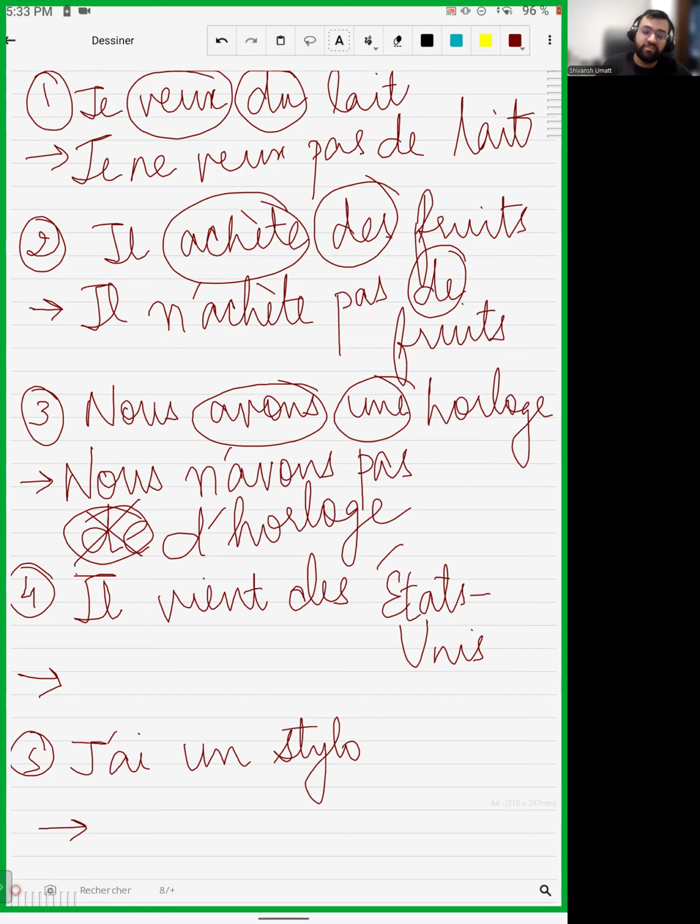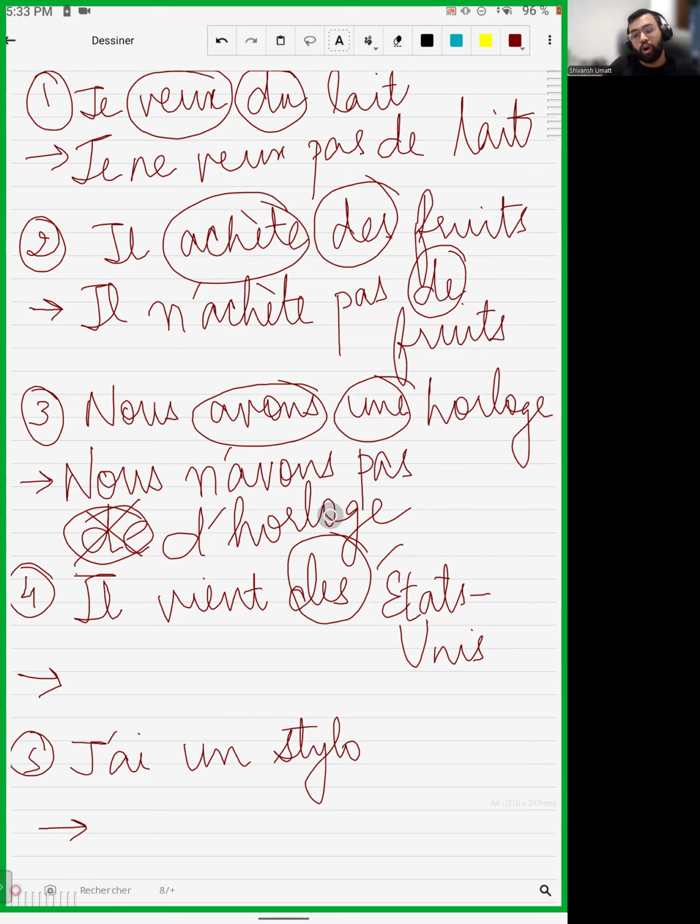Fourth example, il vient des États-Unis. Now, if you think that in this sentence, des will become de, you are wrong. Why are you wrong? Because here in the sentence, we are not dealing with a quantity, right? Here, des is a contracted article about which we will talk in a separate video. It means from.